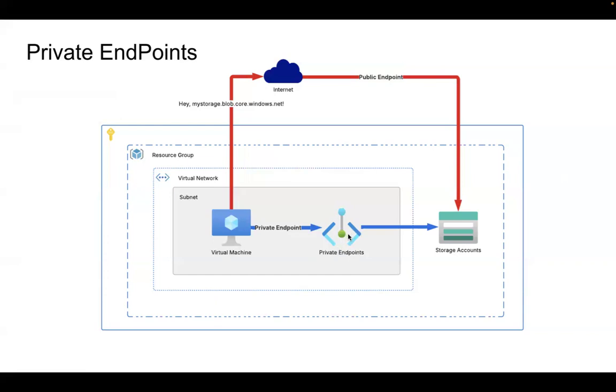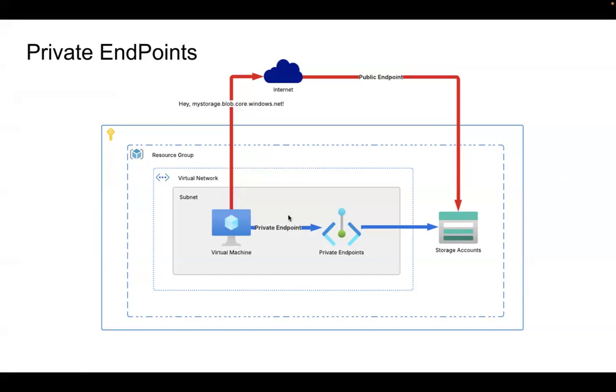Then this private endpoint, which has an IP address, you will attach to the storage account. So now this private endpoint enables you to communicate with the storage account, right? Even a VM has a processor, memory, and everything, but what makes it a part of the subnet is a NIC card.